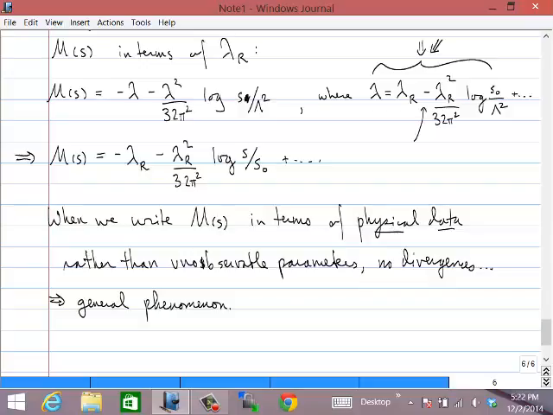Yes. But how do you start with the non-perturbative theory? Well, it depends what you mean by non-perturbative quantum field theory.